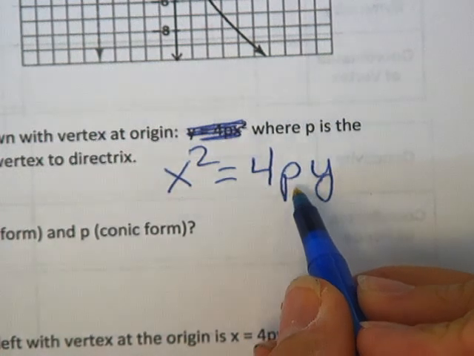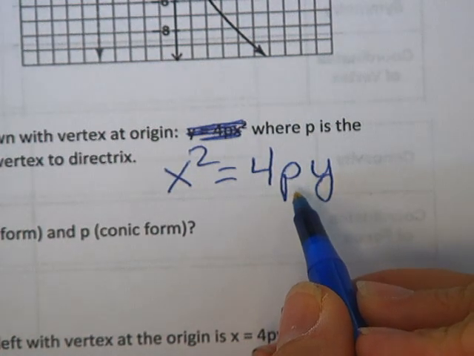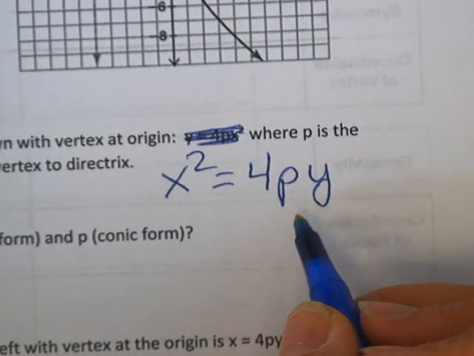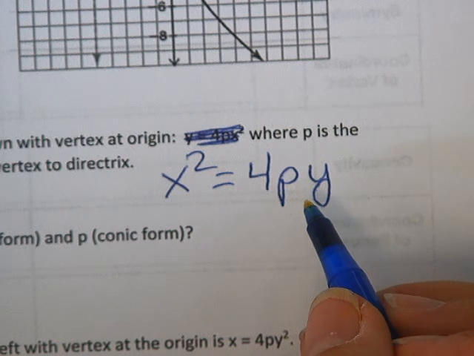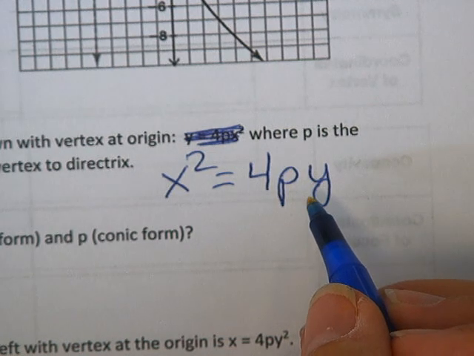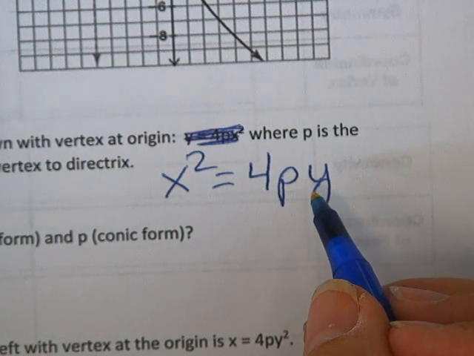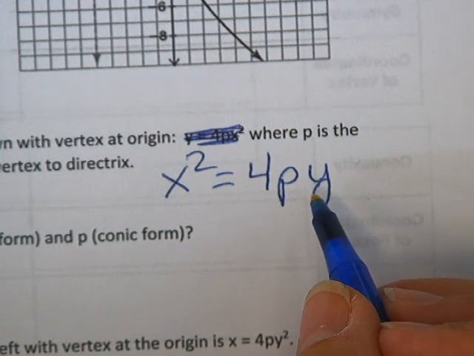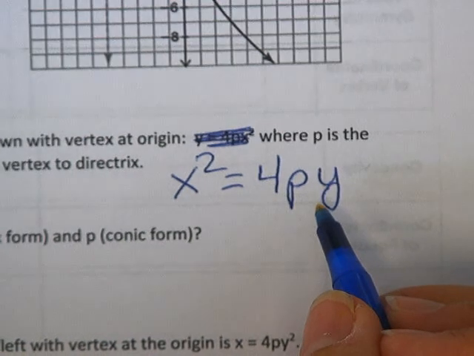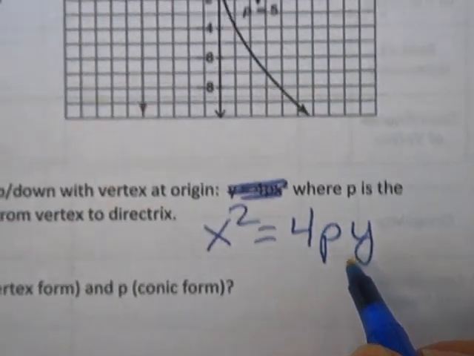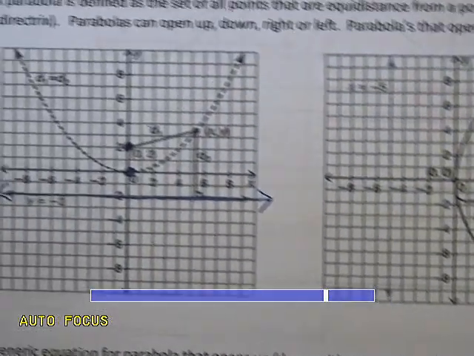P is defined as the distance from the focus to the vertex or the vertex to the directrix. The sign of P comes from subtracting the vertex from the focus. So in one that opens up and down, we'll take the y value of the focus and subtract the y value of the vertex. So let's take a look here.